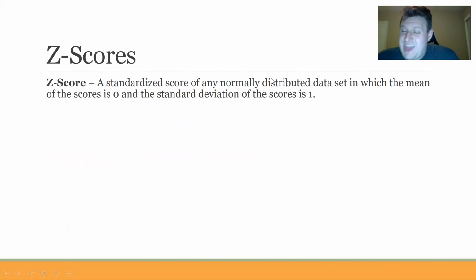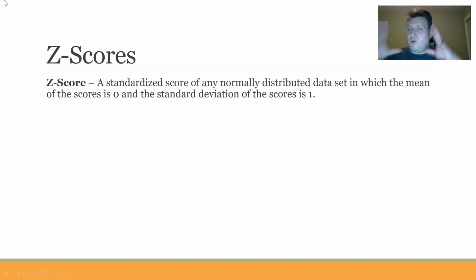We do this by calculating a z-score. A z-score is a standardized score. More about what that specifically means in the next video. It works for any normal distribution or any normally distributed data, but it has to be normally distributed for us to make use of the z-score.